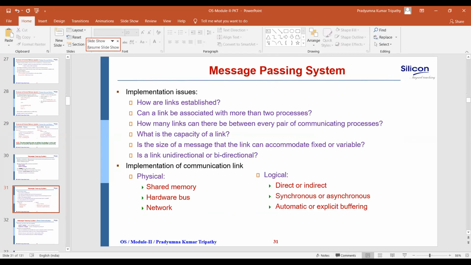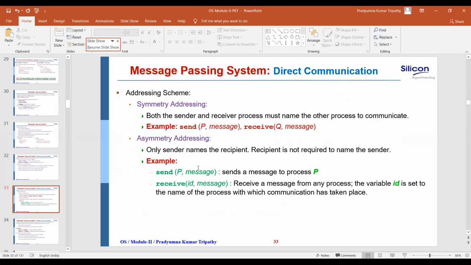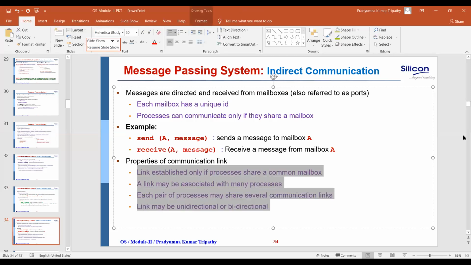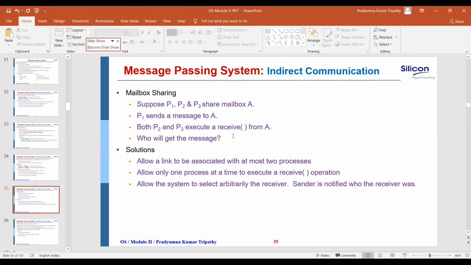We read about the direct or indirect, synchronous or asynchronous, automatic and explicit buffering. Direct and indirect, we have read about how the link is being established. In indirect, how mailbox is being used. Then synchronous and asynchronous, symmetric and asymmetric.